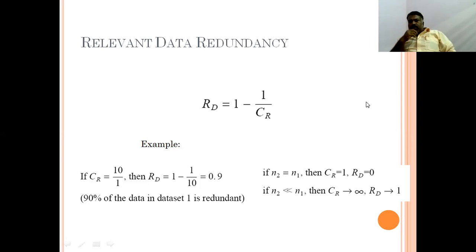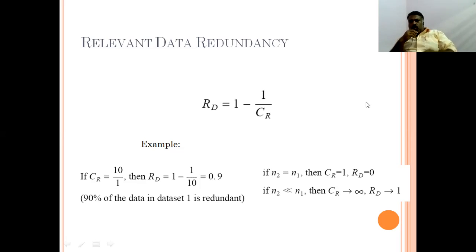For example, if CR is 10 by 1, then we substitute: RD, the relative data redundancy, equals 1 minus 1 by 10, equal to 0.9. 90% of the data in data set 1 is redundant. In the previous example, data set 1 was linked with N1 and data set 2 with N2.